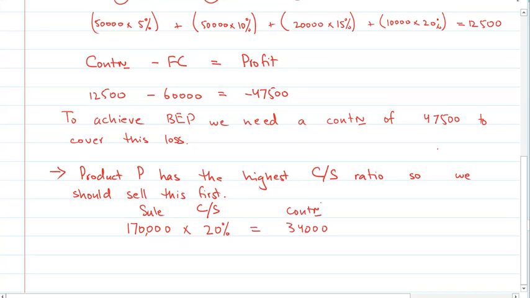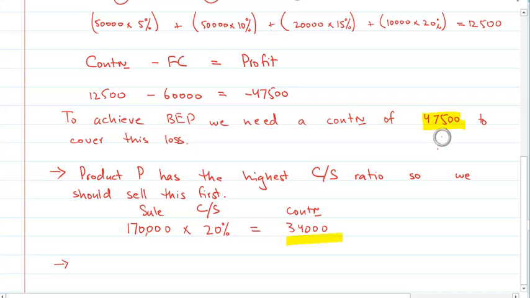How much contribution needed to be covered? It was 47,500. So out of 47,500, we have already covered 34,000. What is our next priority? It's product R. How much contribution more is needed?